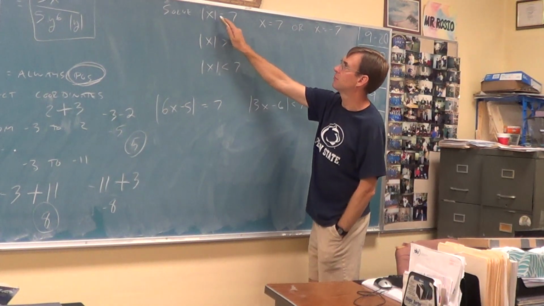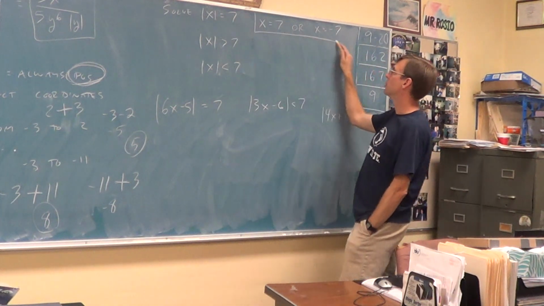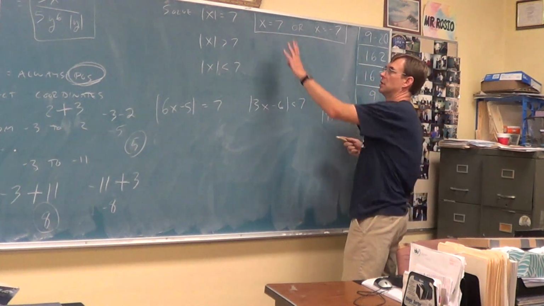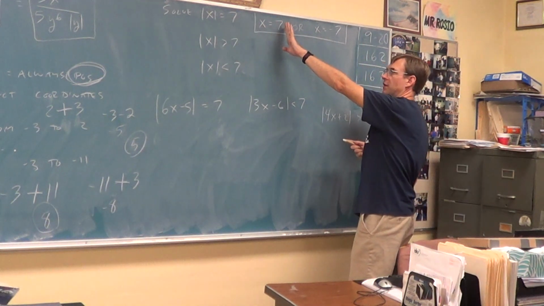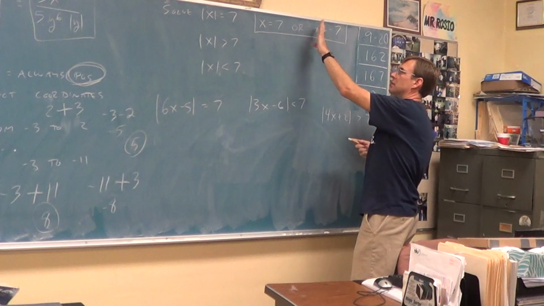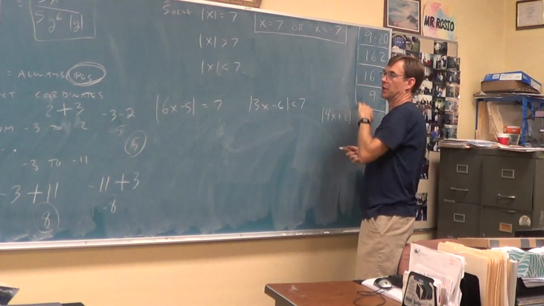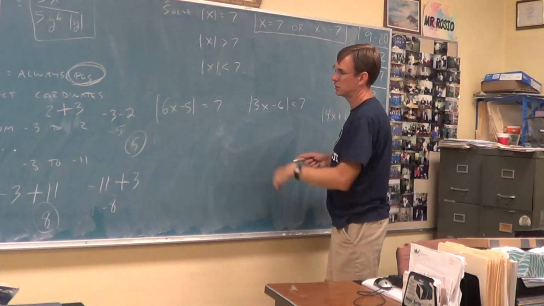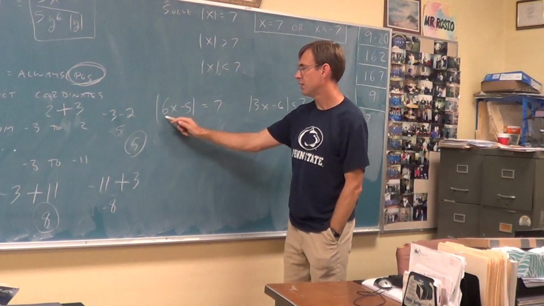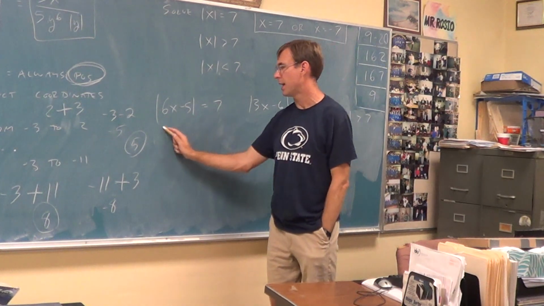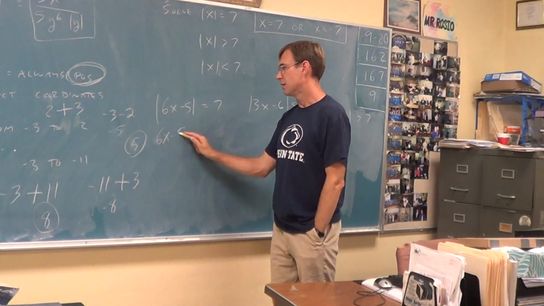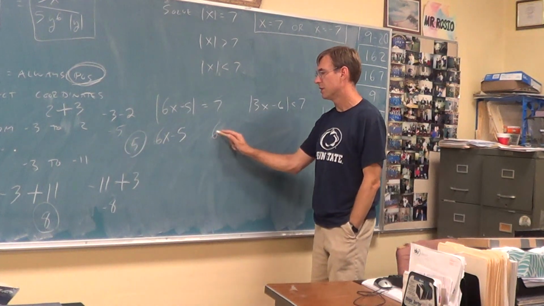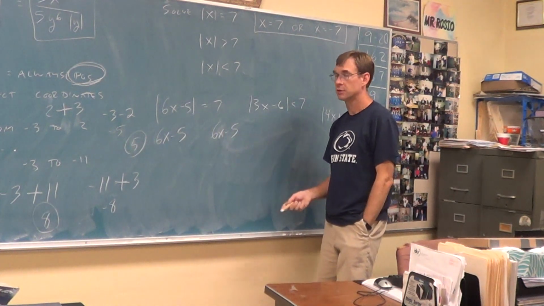Anytime you have an absolute value equation, you're going to get double answers. Something could equal the positive version of the number, or something could equal the negative version of the number. So let's do this one. If I want to solve this equation, I'm going to get a double answer. The 6x minus 5 is going to be part of both answers.